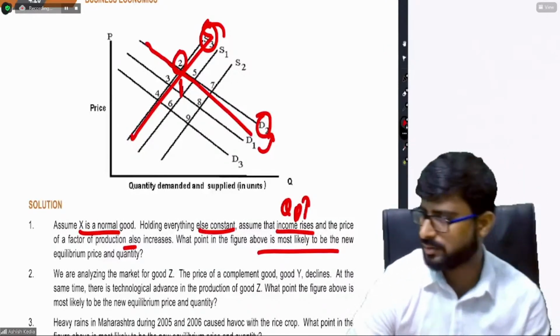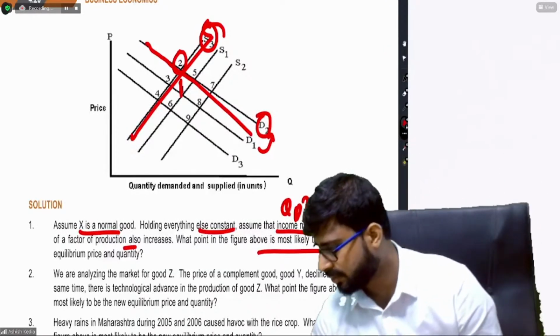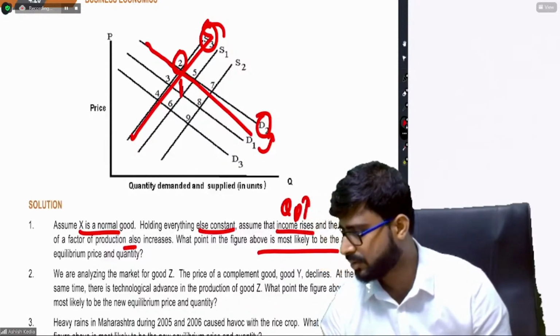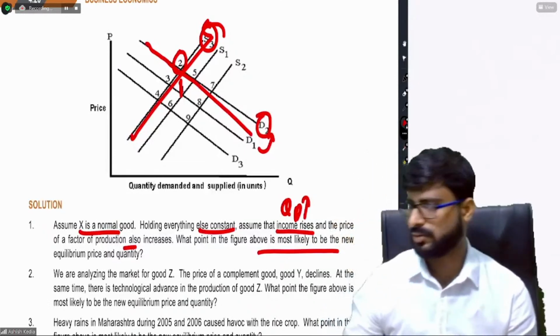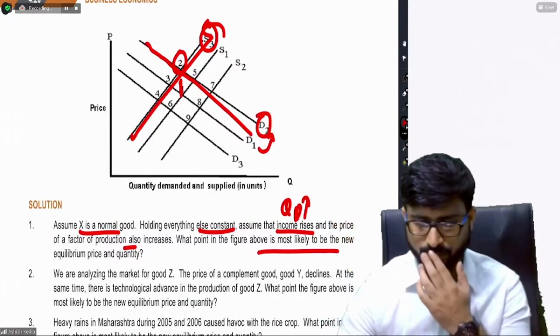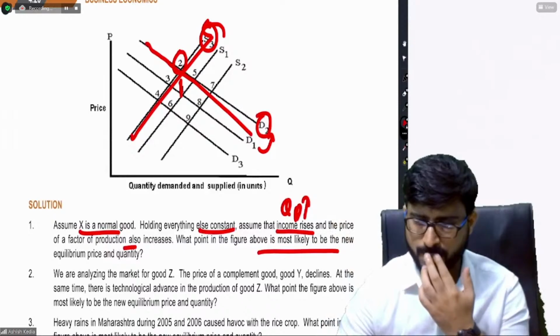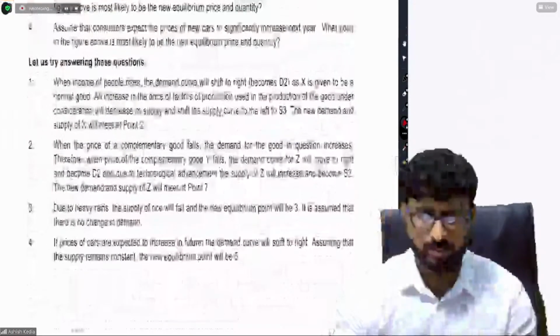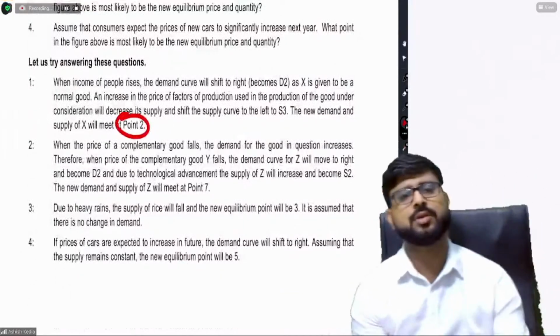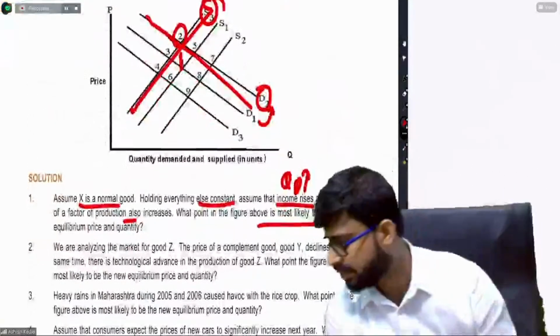I'm waiting. Yes, sir, correct. So 2 is your equilibrium point. Got it? This is how it's done.